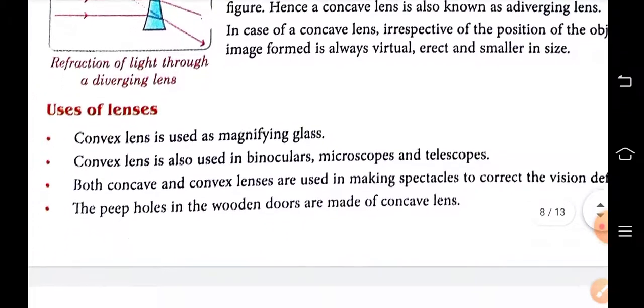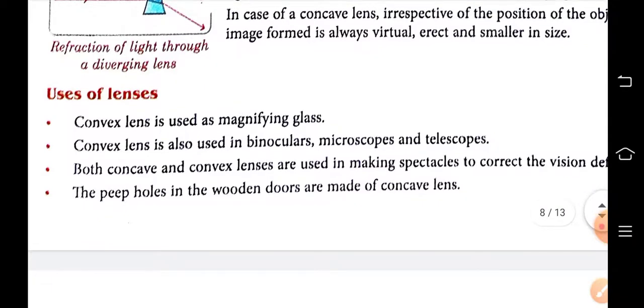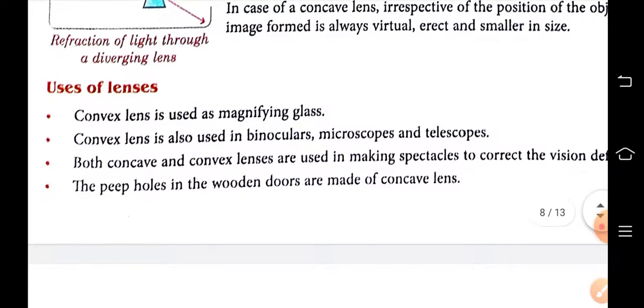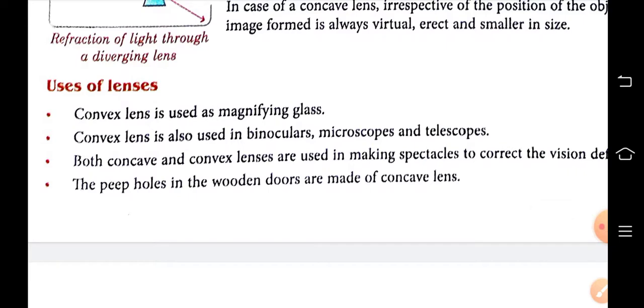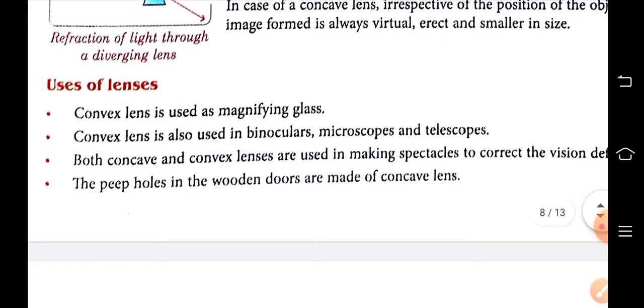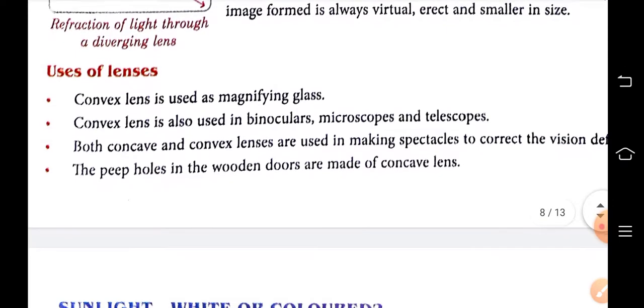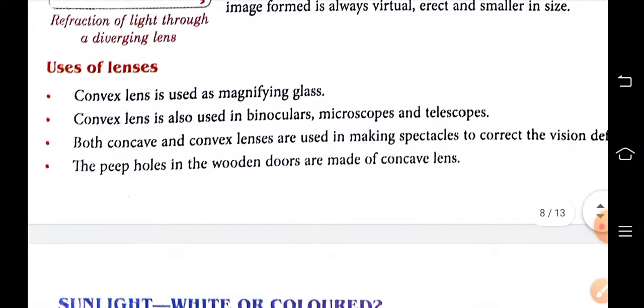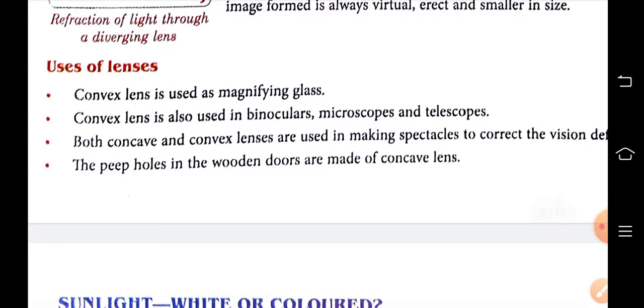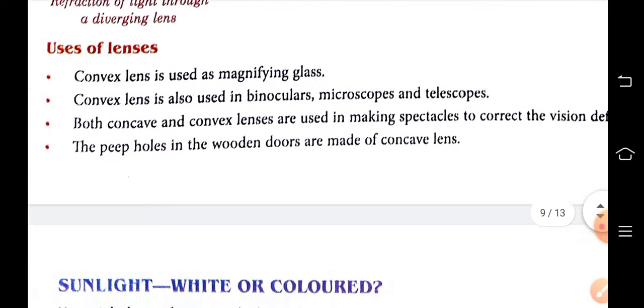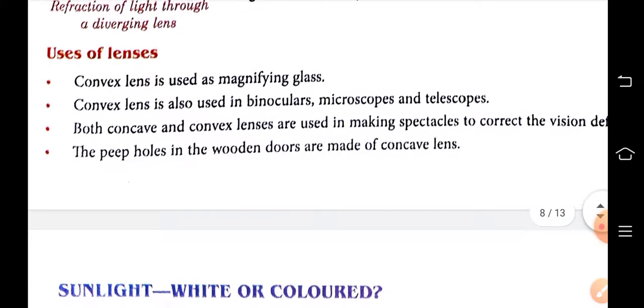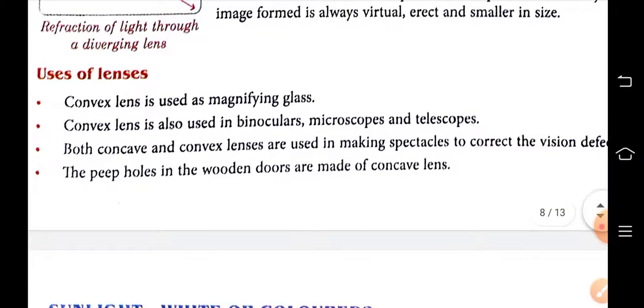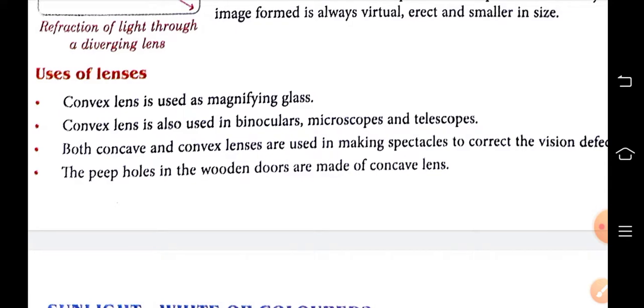Then uses of lens. Convex lens is used as a magnifying glass to see the object enlarged, so it acts as a magnifying glass. Then convex lens is also used in binoculars, microscopes and telescopes.